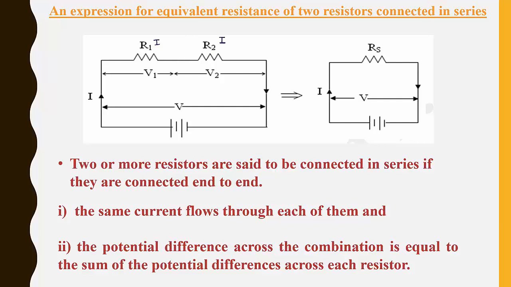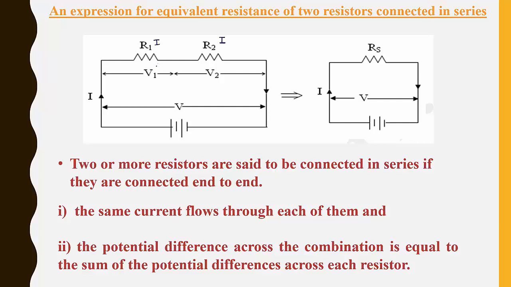Now come to the second point. The potential difference across the combination is equal to the sum of the potential differences across each resistor. That means with the help of this source we have the potential V. This potential difference is divided across the resistors.